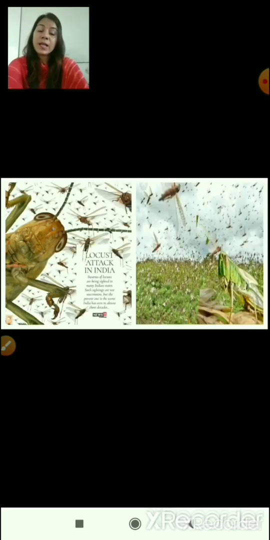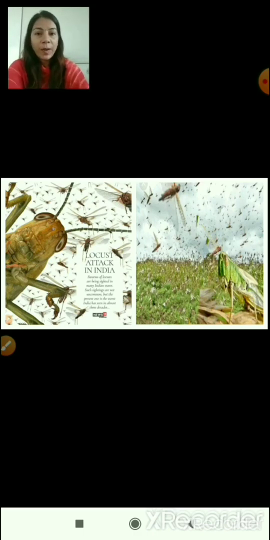Now in this slide you can see a group of locusts which attacked India recently, and these locusts caused so much damage to the farmers because they attacked India in huge numbers, and wherever there were green plants growing, they entirely cleaned up that area by eating the plants.